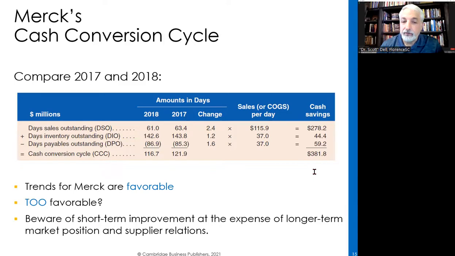So trends are favorable. The question is, too favorable? That's an interesting question to ask. Beware the short-term improvement at the expense of long-term market position. So if we go back, and we'll see this in our last grouping, my inventory turnover ratio, let's go back up there for a minute.